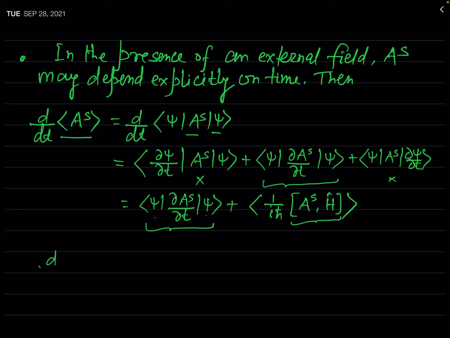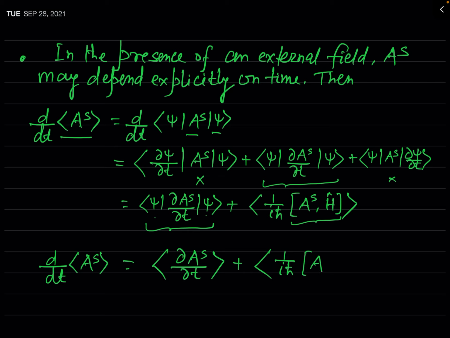So finally we can write this as d by dt of the expectation value of A_S, and this will be equal to the expectation value of del A_S by del t, plus the expectation value of 1 over i h bar commutator of A_S and Hamiltonian H hat.